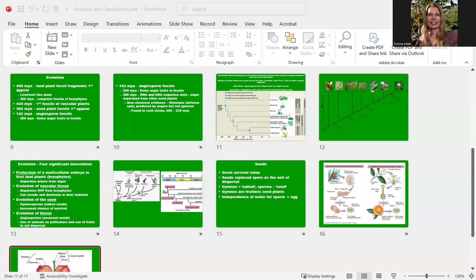GABA has been confirmed. Glutamate has been confirmed to be in plants as well, and it seems to be acting as a way to transmit electrical information. So no, they don't have brains, but they have their analogous ability to communicate through their body with electrical impulses.